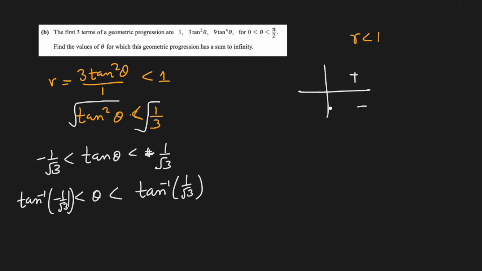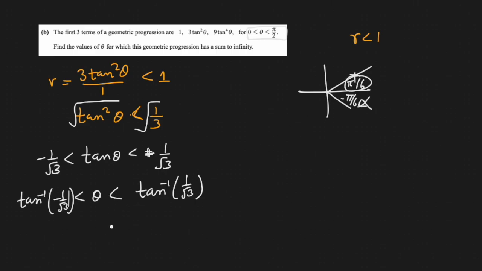Tan inverse of 1 over square root 3 will be pi over 6, and this is minus pi over 6. But they are asking for theta between 0 and pi by 2 only. That means this needs to go only up to pi by 6.